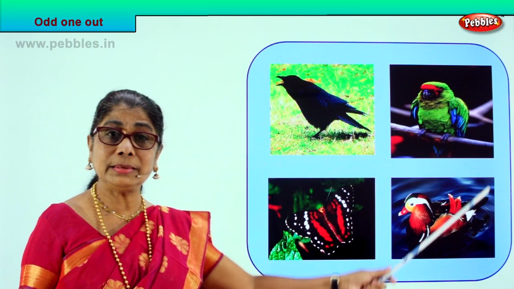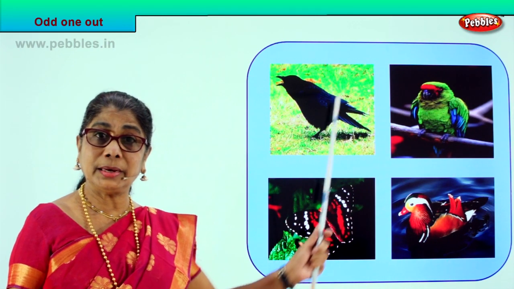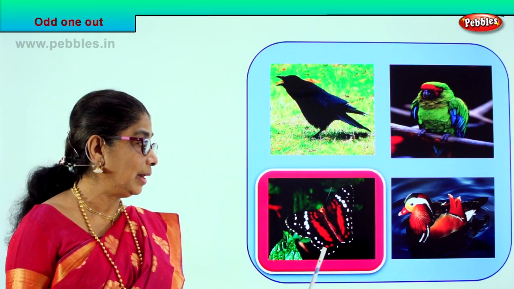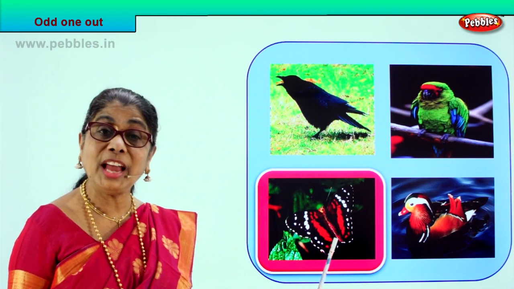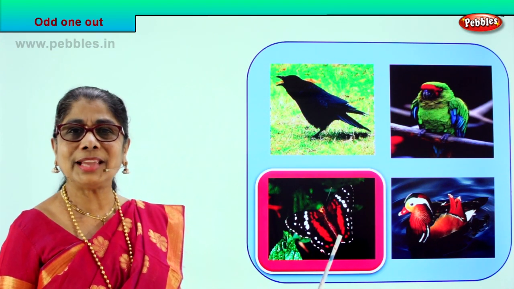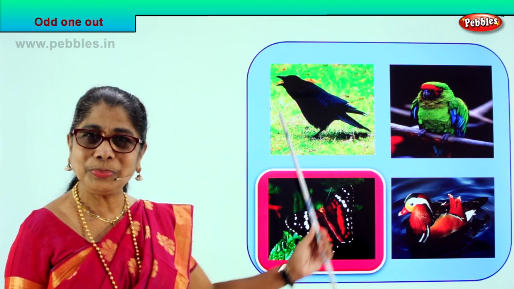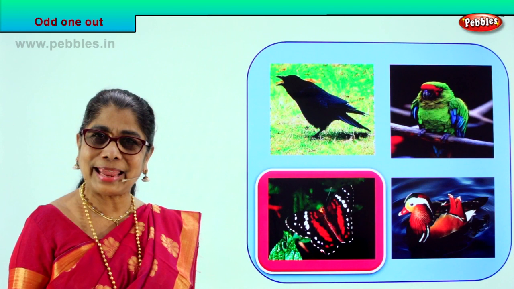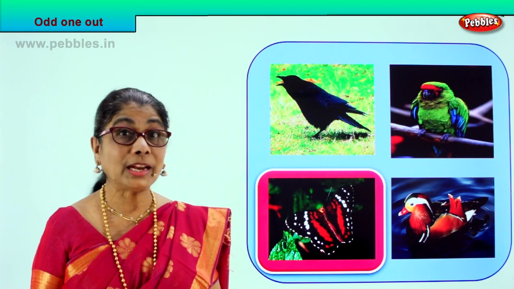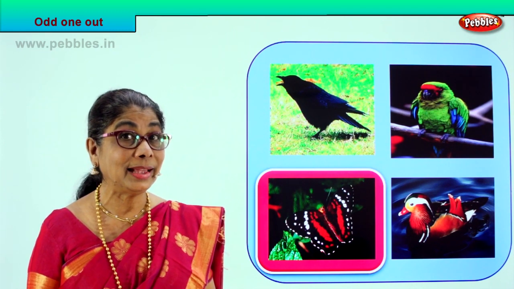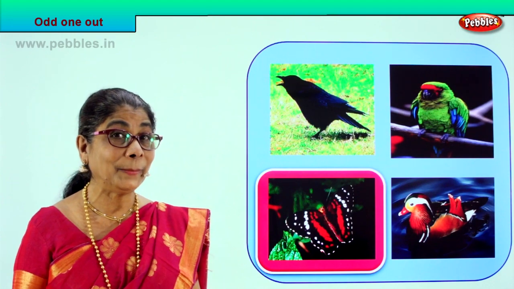Crow, parrot and duck. 3 birds and this is a butterfly. So this is the odd one out. Very good. See how clever you are becoming? Picking the odd one. Birds from the insect.